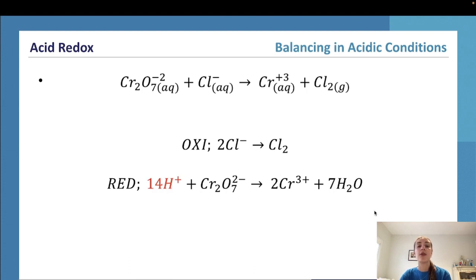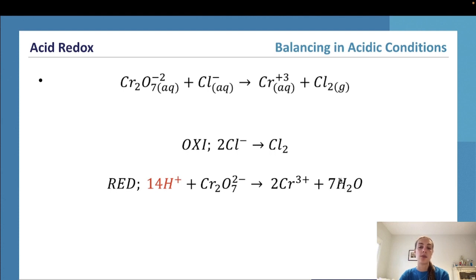Now we need to balance for hydrogen. There are no hydrogens in the oxidation reaction, so we don't need to worry about that. However, in our reduction reaction, we didn't have any hydrogens on the reactant side of the equation, but we did have 14 hydrogens on the product side.